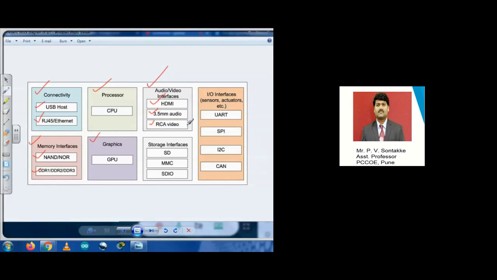It's a connector with three different ports: yellow, red, and white. Yesterday I told you that yellow is responsible for sending and receiving the composite video signals. The red and white are for the left and right audio, which will be reproduced effectively on your television.